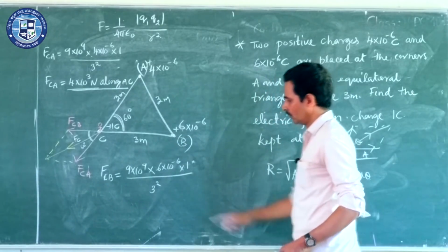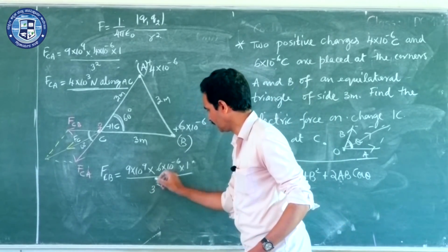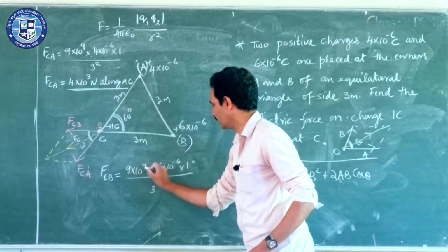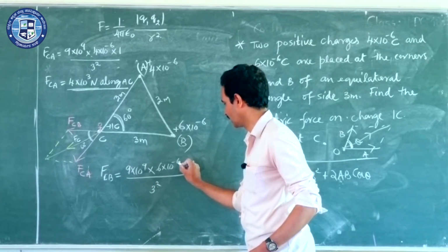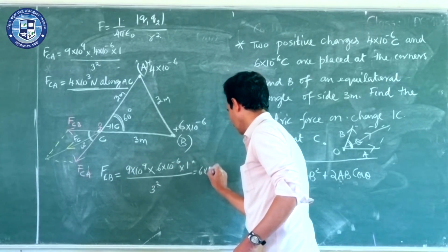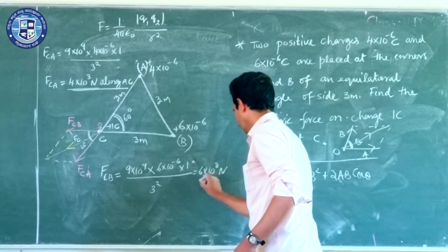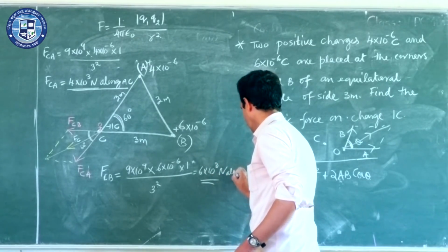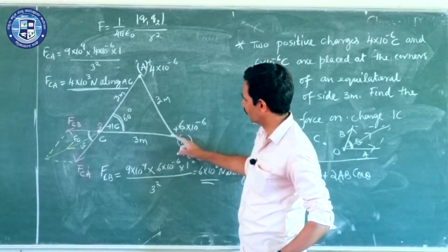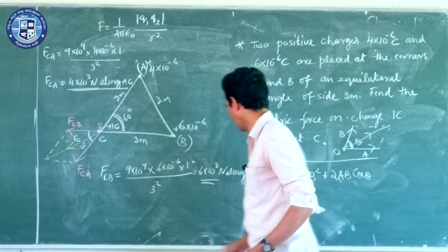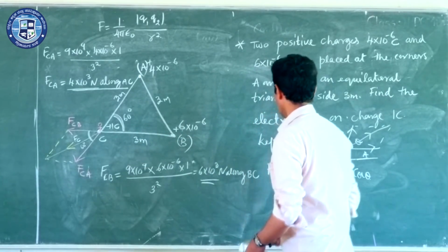It is meter, so no 10 to the power here. 3 square is 9, this gets cancelled. 10 to the power 9, 10 to the power minus 6, 10 to the power 3. So this is 6 into 10 to the power 3 Newton. And what is the direction? From B to C, so along BC. So that is the force.